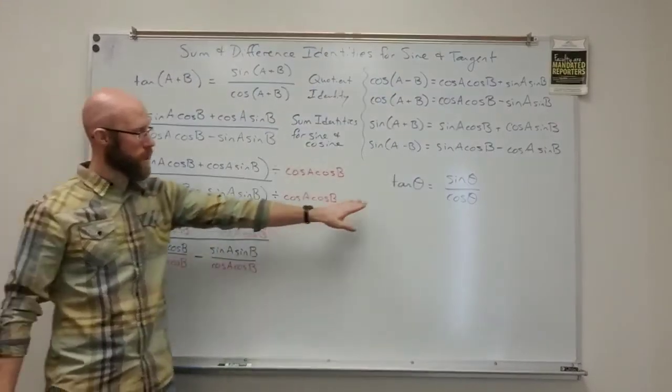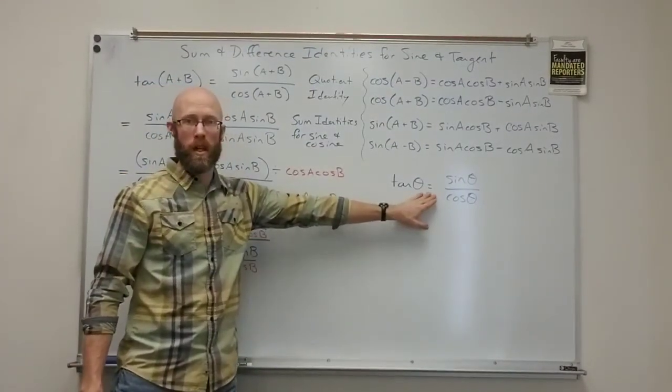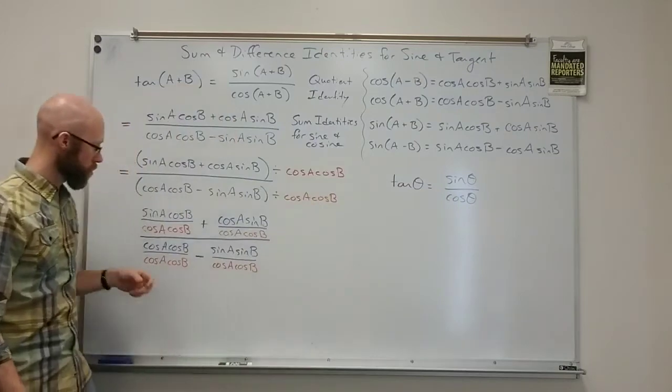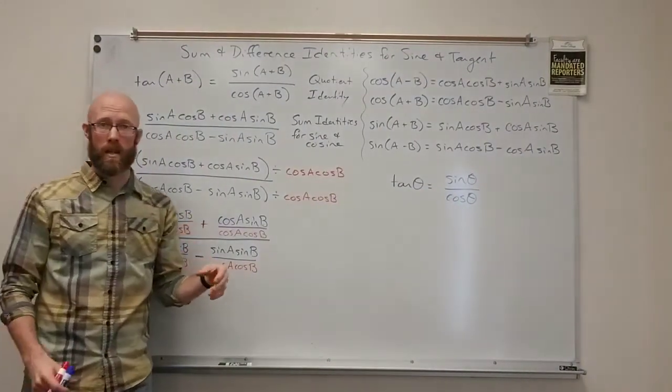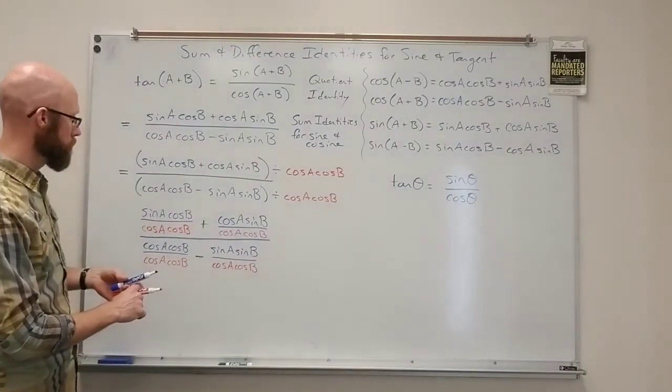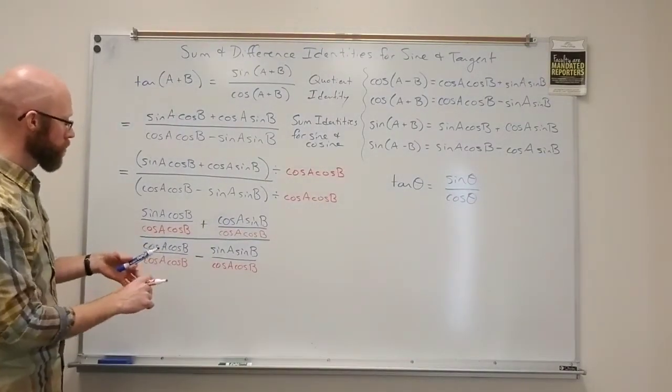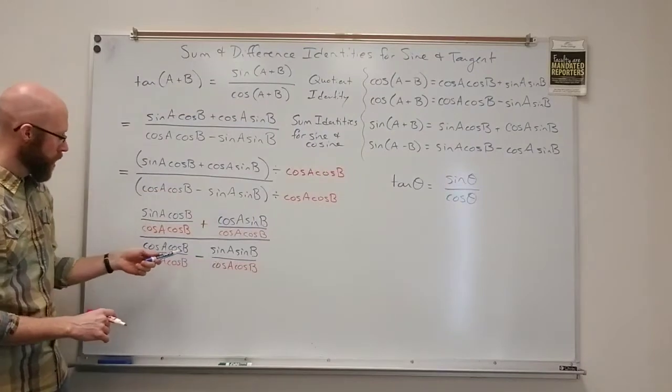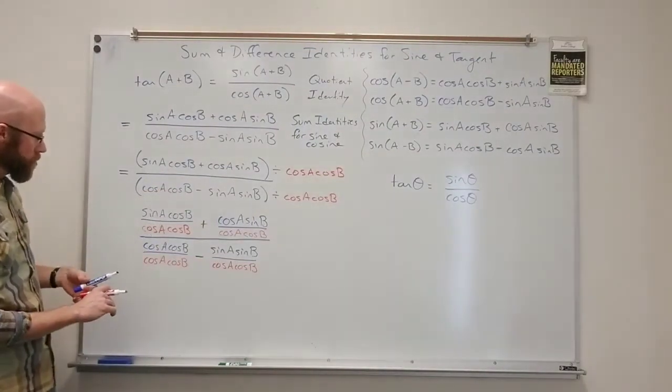We're going to use our tangent quotient formula to create some tangents and then to cancel some other things off. All right, so this is utilizing a distributive property. And then the next step is to do that canceling.